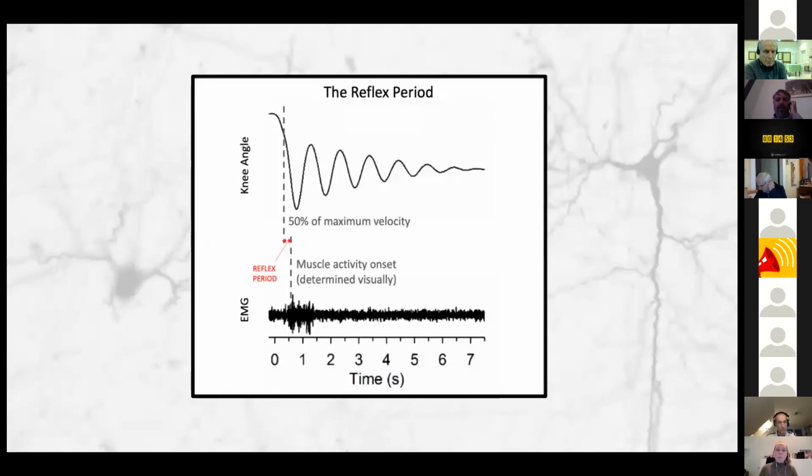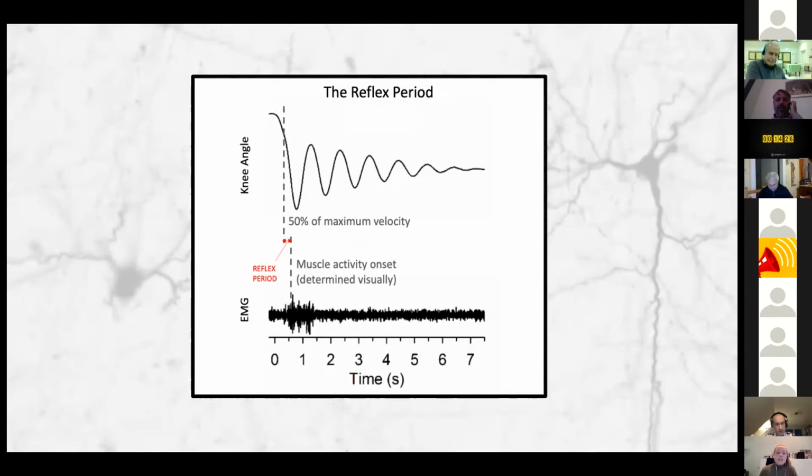On the top, we have the position curve for the knee angle. And we actually differentiated that curve and found the maximum velocity. So you can see here that we have our first event, or first time mark. And then we took the EMG recording and we found the muscle activity. And the time between those two events, we called the reflex period, and we used it to quantify spasticity.